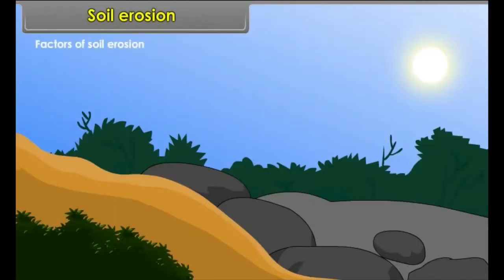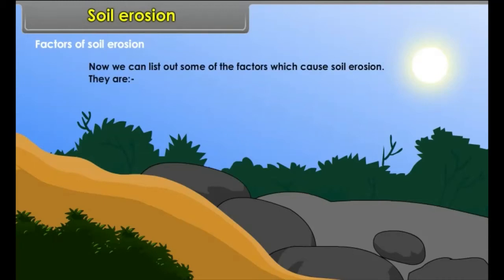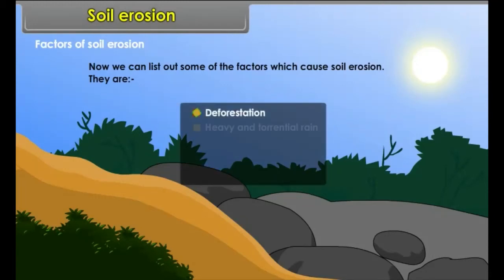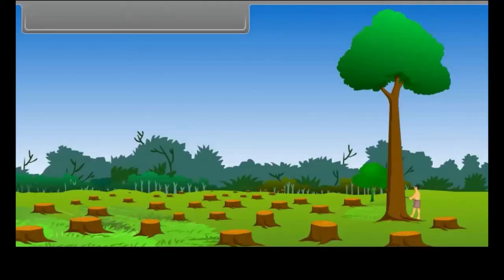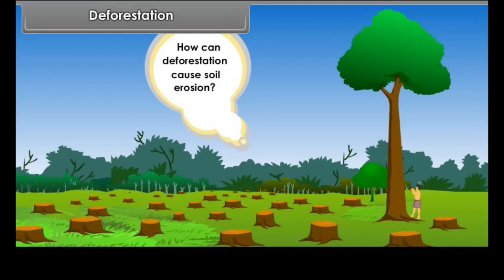Factors of soil erosion. Now, we can list out some of the factors which cause soil erosion. They are deforestation, heavy and torrential rain, overgrazing, winds, slope of the land. Deforestation. How can deforestation cause soil erosion?